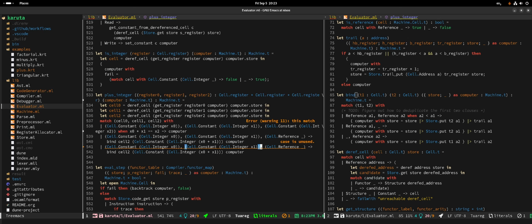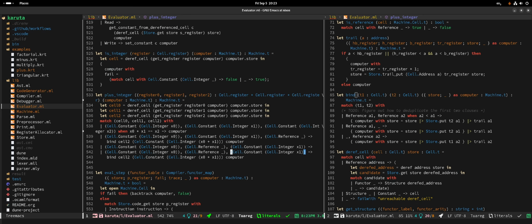I think in this case we can use an OR pattern because those two cases will be pretty similar. Both of them will have to subtract the result from one of the inputs. Let's do the first. This is not going to go there, it's just going to go here.